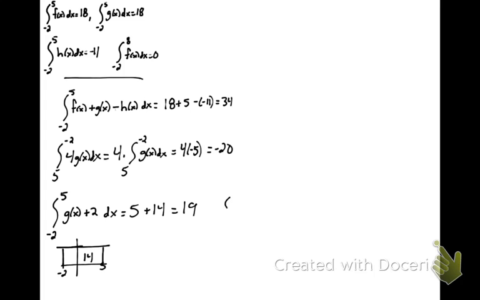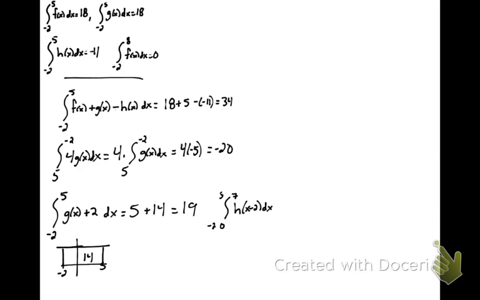Another problem, the integral from 0 to 7 of h of x minus 2 dx. On something like this, you really just have to pay attention to your transformations. Hopefully you can see how it must be connected to the problem: instead of going from -2 to 5, we're going from 0 to 7, so there's a clue even in there.